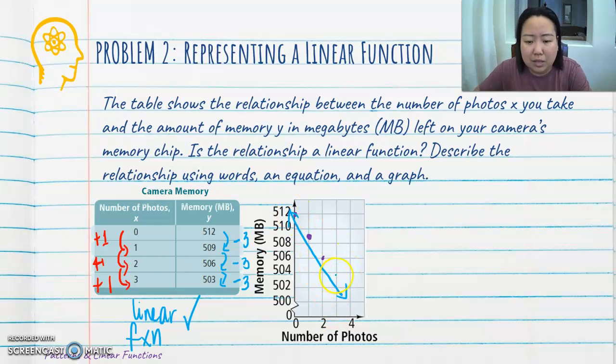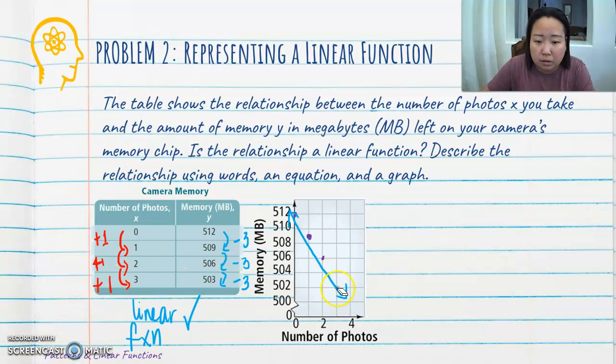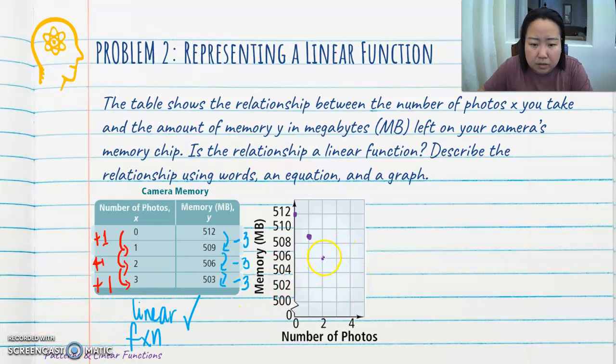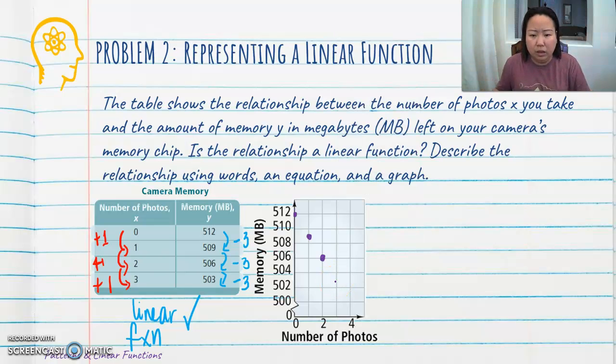So you will see that it's going to be a line shown for those points. Let me just remove that. So that's 506, 503. Okay, there we go.